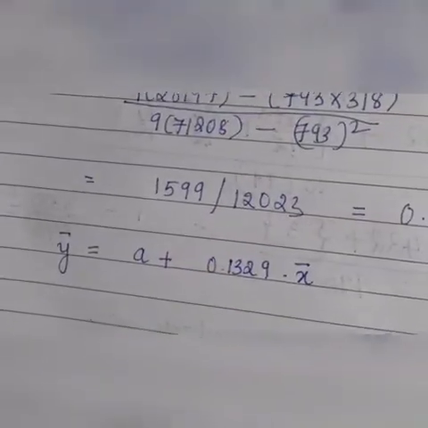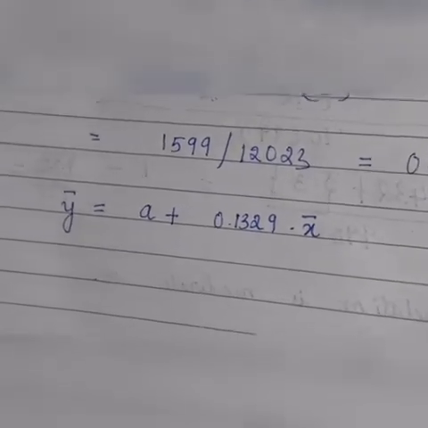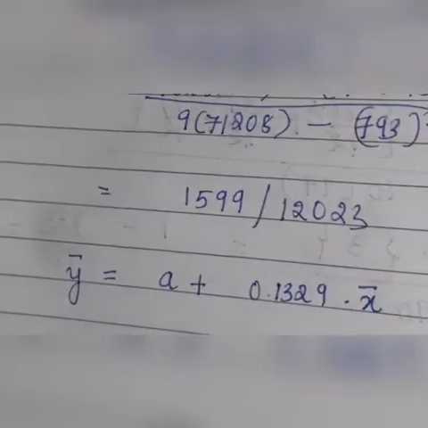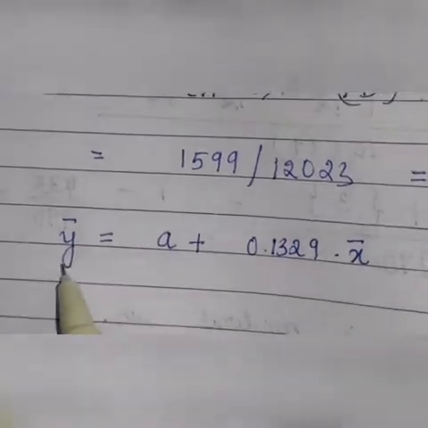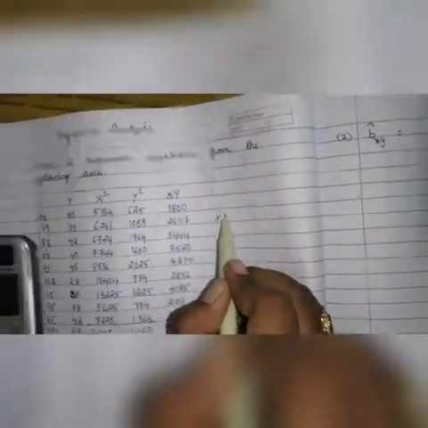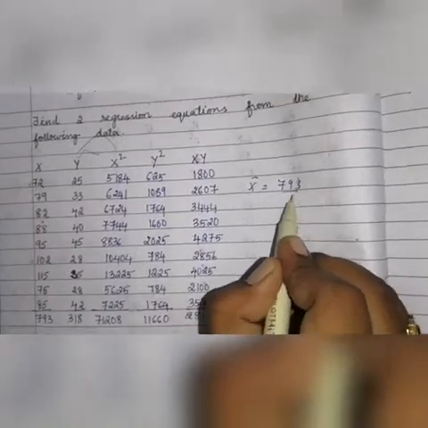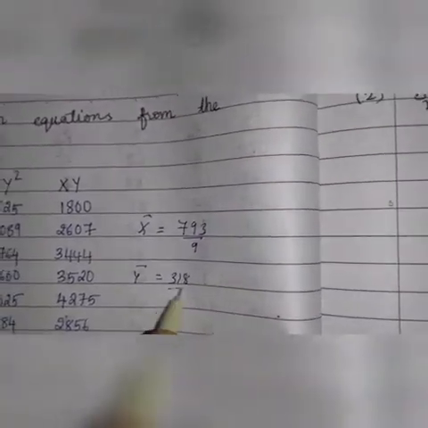Now let us also see how we calculate the value of a. The calculation of a is easy. We want the mean of variable y and the mean of variable x, so just find out the values. So x bar is equal to 793 by 9 and y bar is equal to 318 by 9.